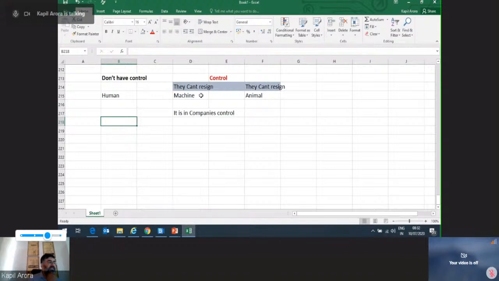Even if employees are under contract, there is no contract which can bind humans. As per the law, you cannot bind anybody. We are not bonded labor now.